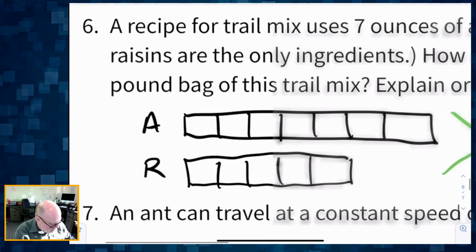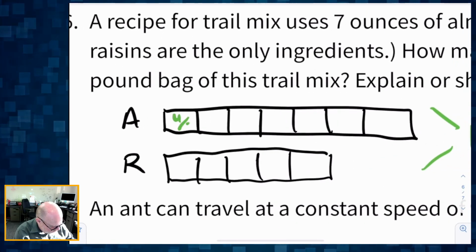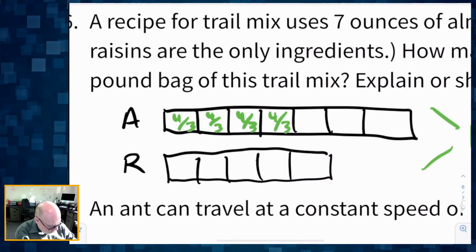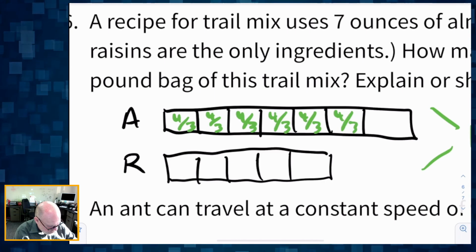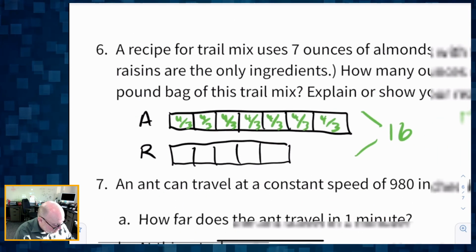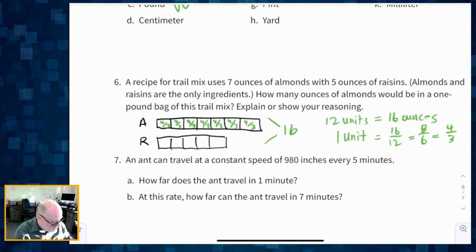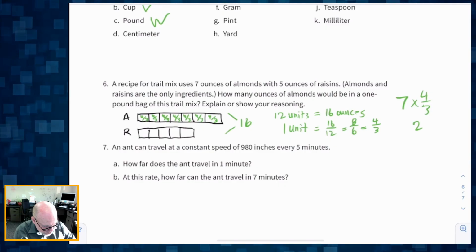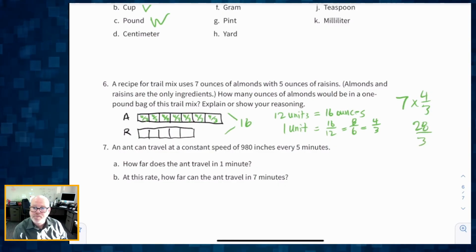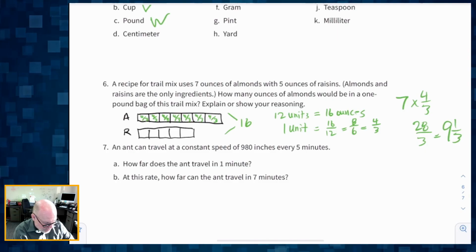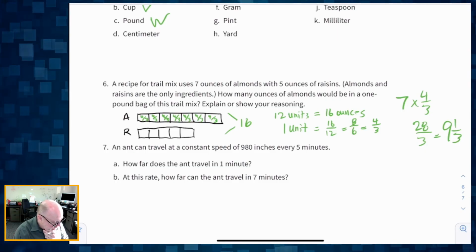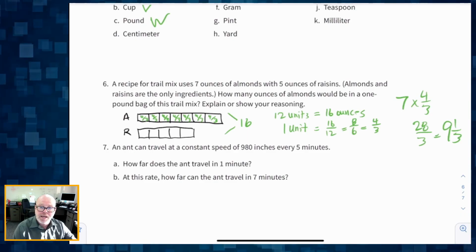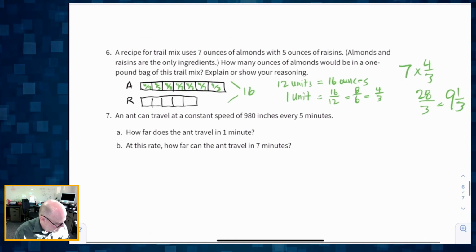So each of these units is 4 thirds, and we have 7 of them. So 7 times 4 thirds gives us 28 thirds, which is 9 1/3 ounces. So we need 9 1/3 ounces of almonds to make a 1 pound bag of trail mix.